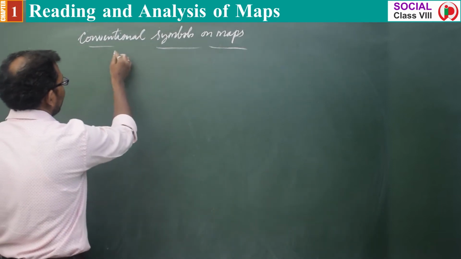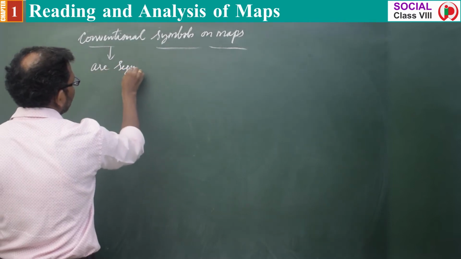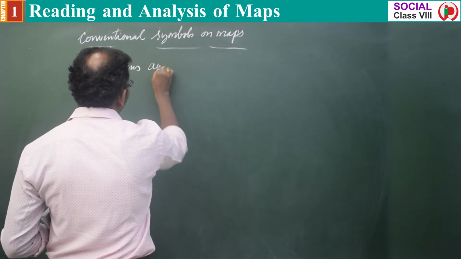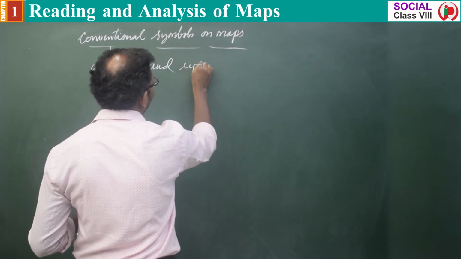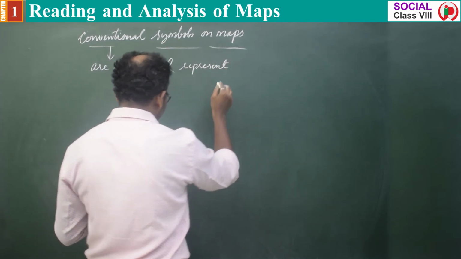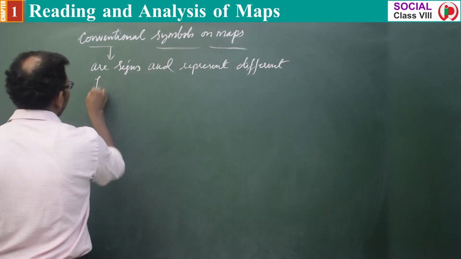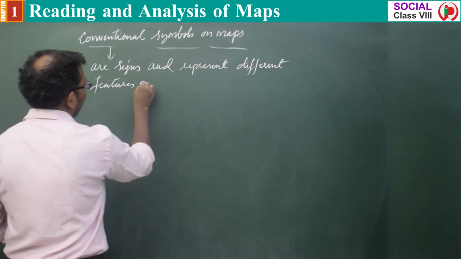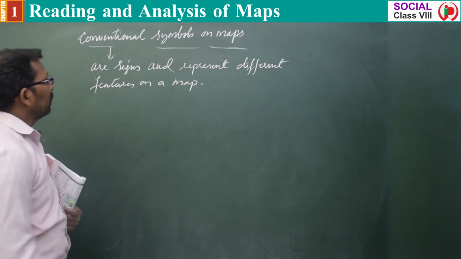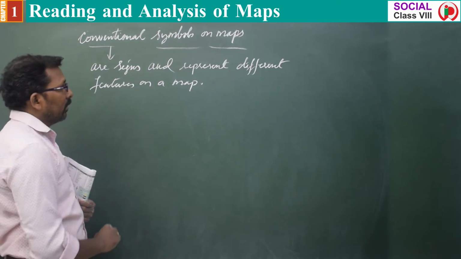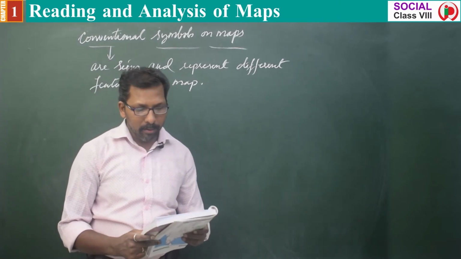So conventional symbols are signs and they represent different features on a map.